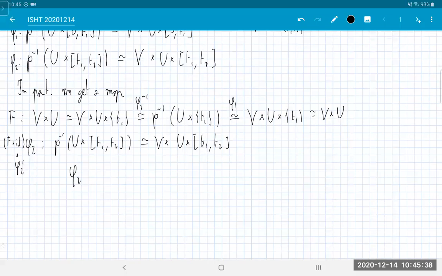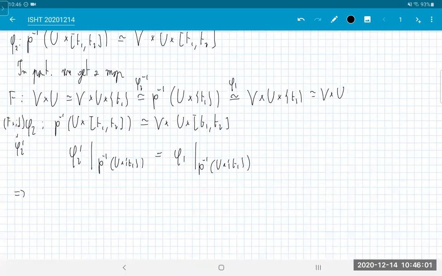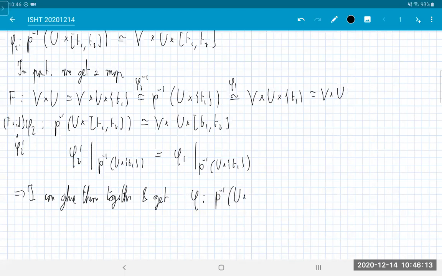Now I have that phi 2 prime restricted to P inverse of U times T1 is equal to phi 1, by construction, because that's how I built phi 2 prime. And so I can glue them together and get phi from P inverse of U times [0, T2] to V times U times [0, T2].